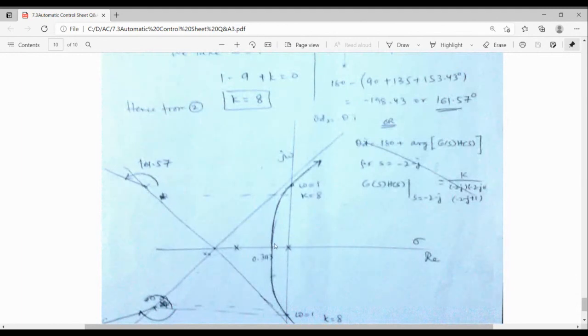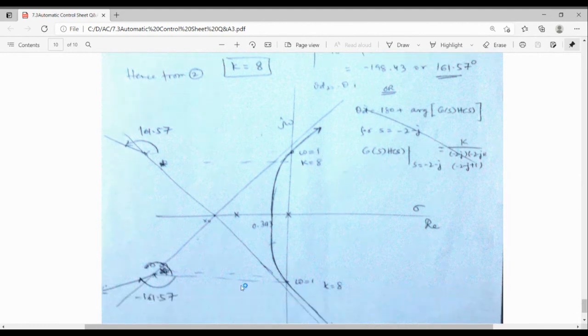Now what is this point? This point is omega equal to 1, at the same pole. It will cross the imaginary axis. From here, this is the one starting point, s equal to 0, this is s equal to 1. This is centroid, minus 1.25. Here we have minus 1. This is one of the poles. One of the root locus starts from here and joins here, and one of the root locus starts from here and joins at this point.